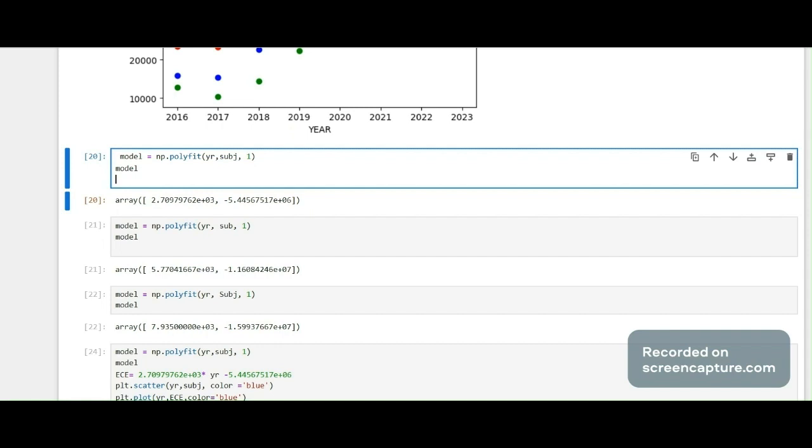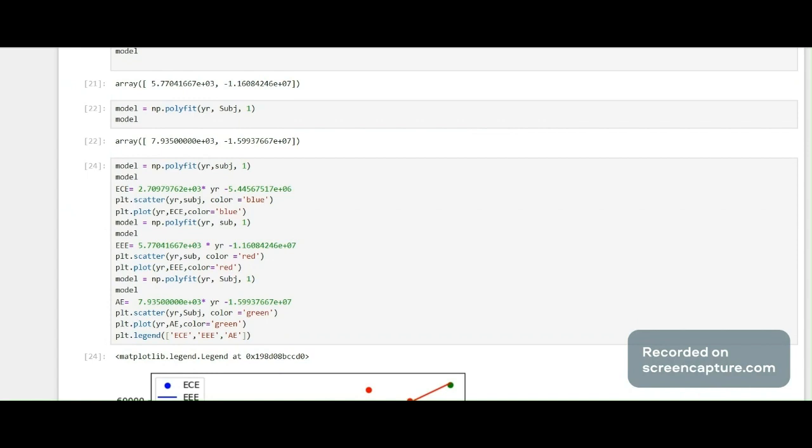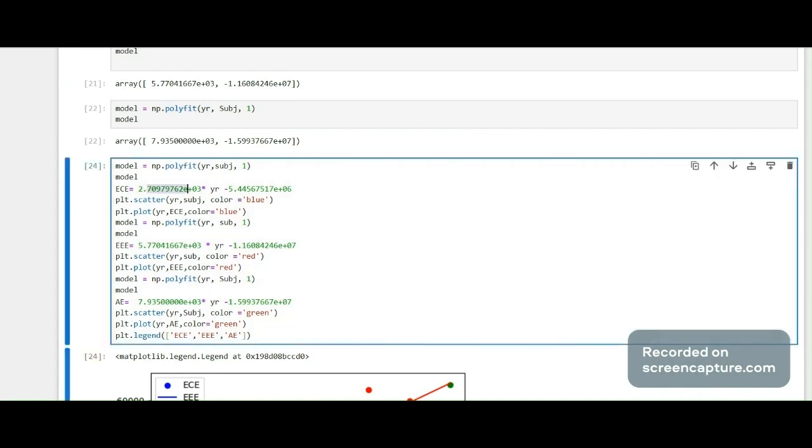Next, we insert the slope and y-intercept in the line equation y equals mx plus c, as in this equation. Here, x is considered as year.